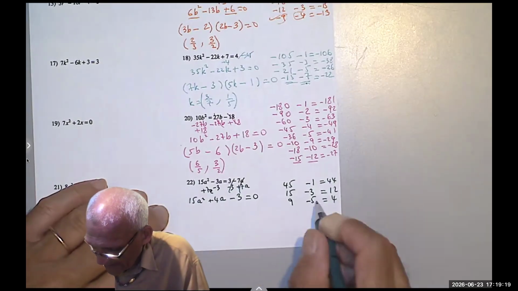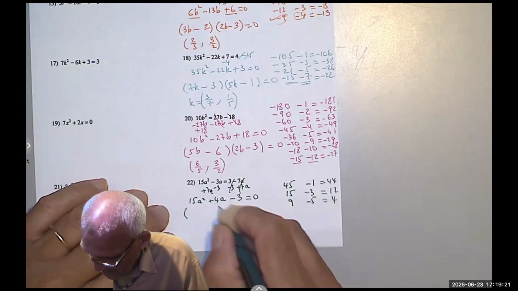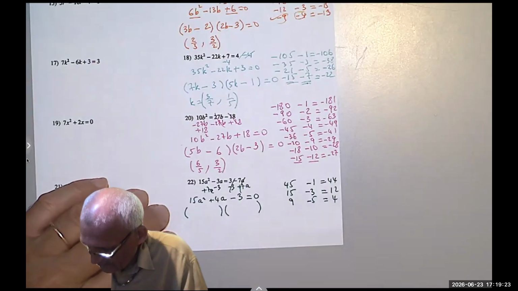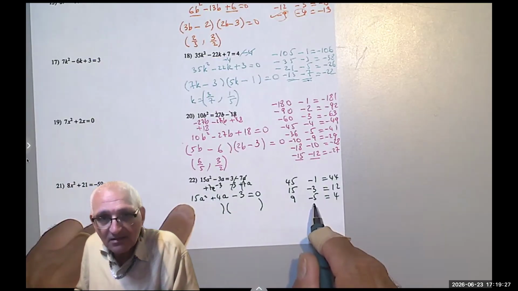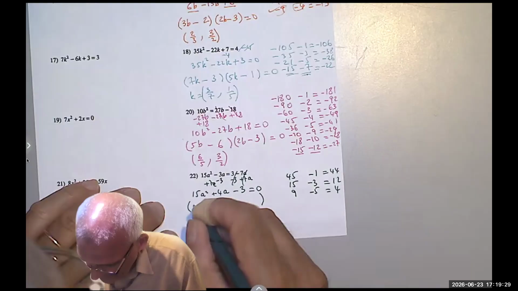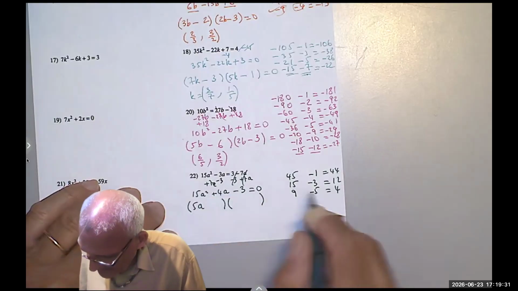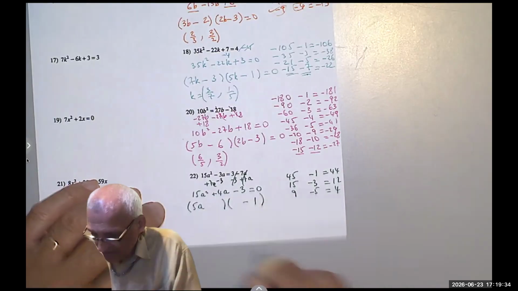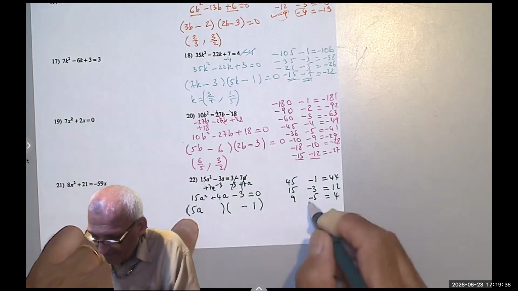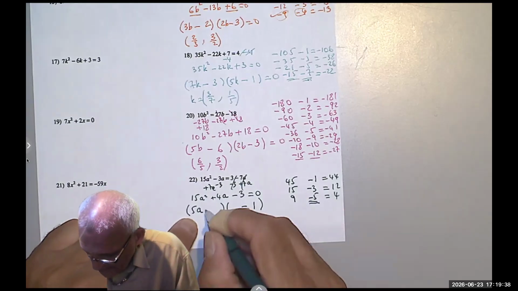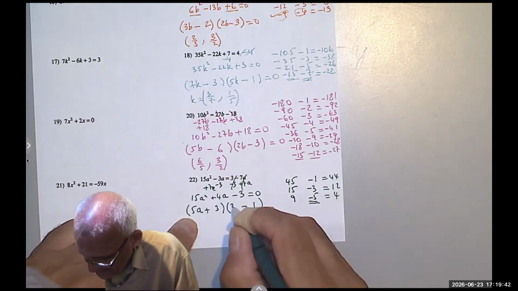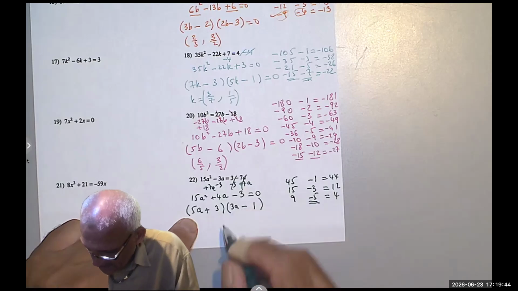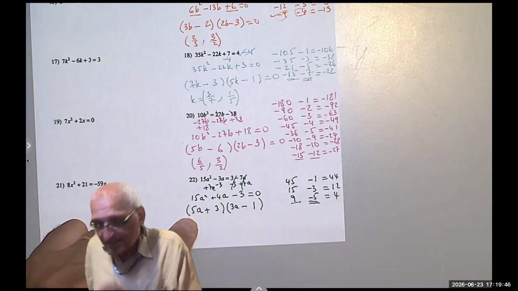Okay? So 9 and negative 5. How do I get 9 and 5? 5 by itself has to come from the 15, right? So one of them is 5a multiplied by negative 1, because that's where I get the negative 5. The other would be plus 3, and 3a, because that would give me the 9a.